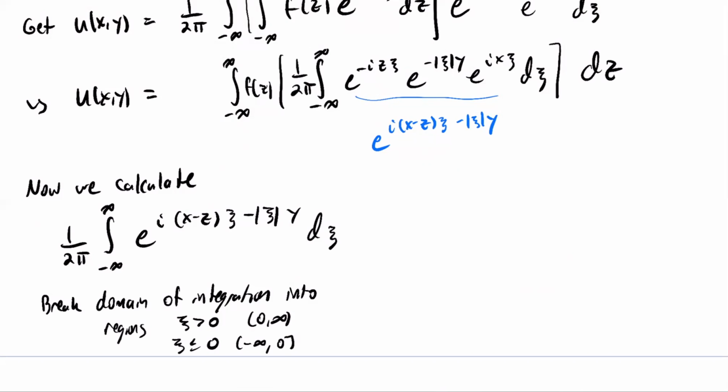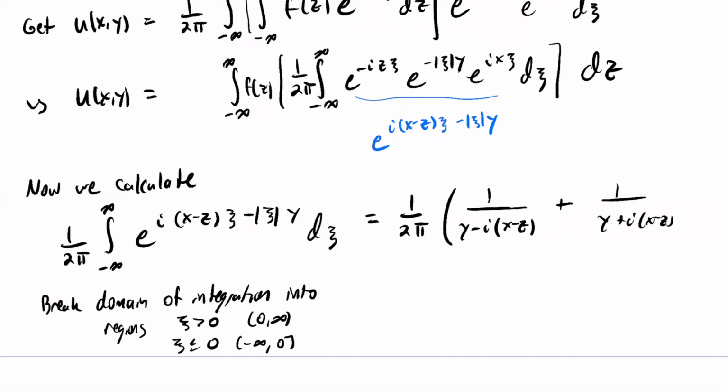You're just looking at the integral of an exponential. And you'll end up getting 1 over 2 pi times 1 over y minus i times x minus z, plus 1 over y plus i times x minus z. Each term corresponds to each piece of the integral.